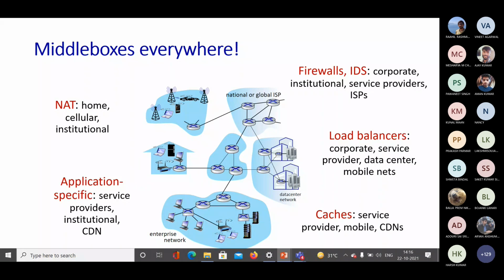They can be network address translation, they can act as firewalls, load balancers. Caches can be considered as a middle box, and there can be some application specific actions for which we can also use the help of middle boxes.